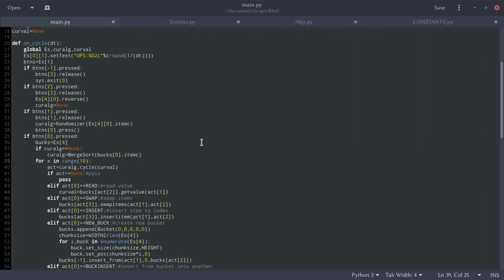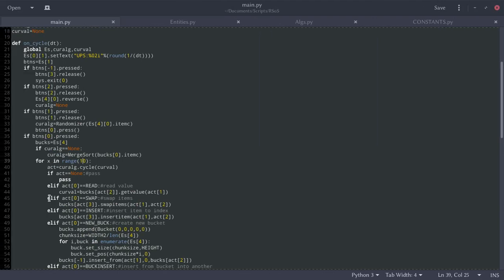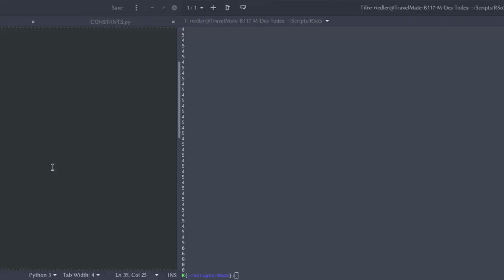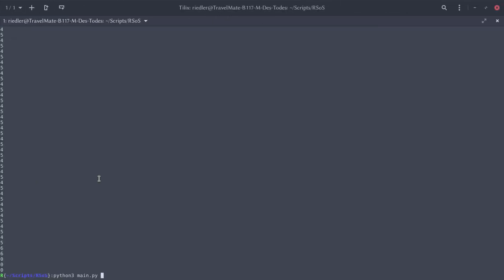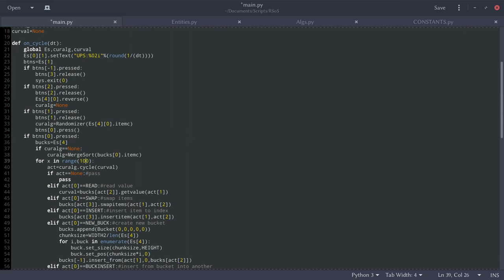I think that's a very good representation of the merge algorithm. Also, if you just saw these numbers, these are just for debugging purposes. I will remove them in releases. We don't have a release yet, actually, because, well, it's very basic right now. You don't want to use this for, well, anything at all.